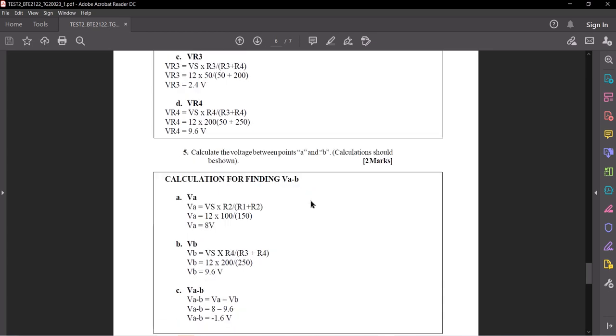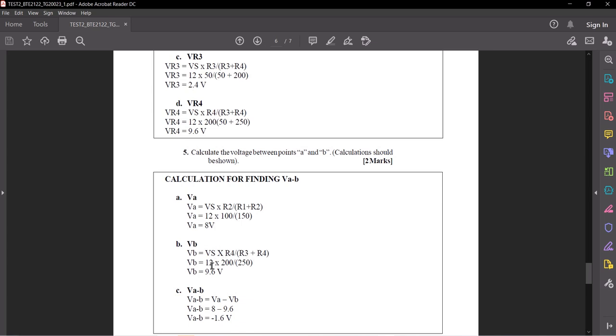To calculate the voltage between points A and B, we need to know the voltage at A and the voltage at B. Now for the voltage at A, we use the formula Vs times R2 over R1 plus R2, which gives 12 times 100 divided by 150. Now VA is 8 volts. Now for VB we use the same formula, Vs times R4 divided by R3 plus R4.